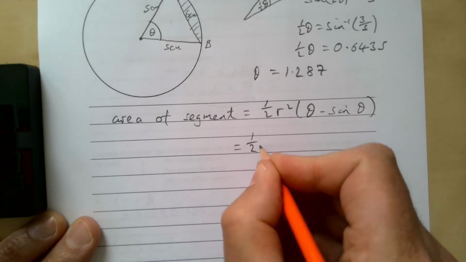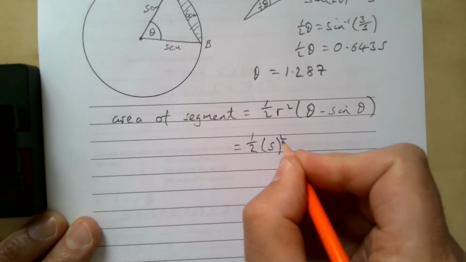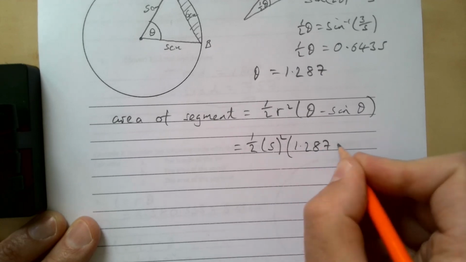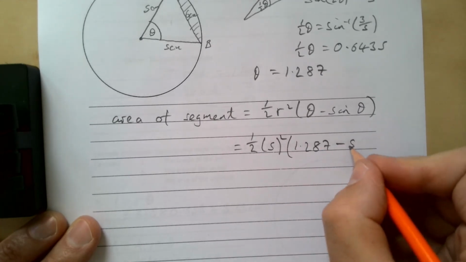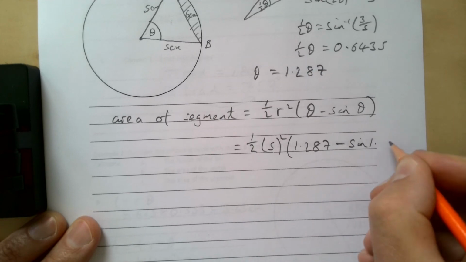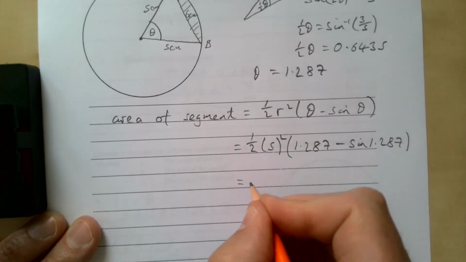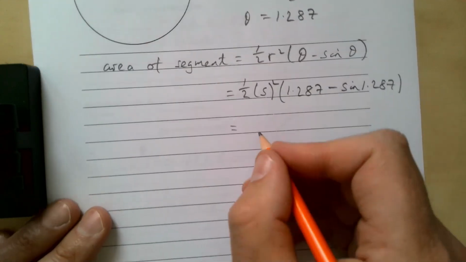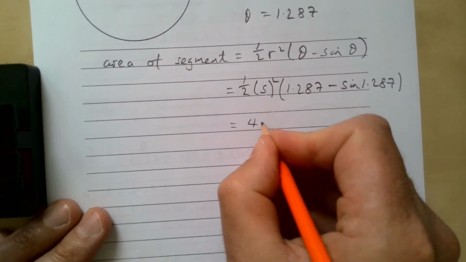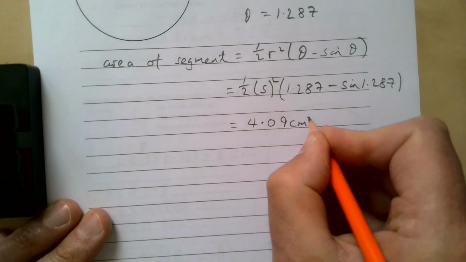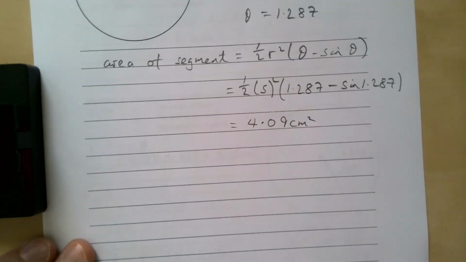That's going to be a half times 5 squared times 1.287, take away sine 1.287. Again, remember your calculator must be in radians. If you sit and type that all into your calculator, I believe it gives you 4.09 centimeters squared, and that's our answer then to that.